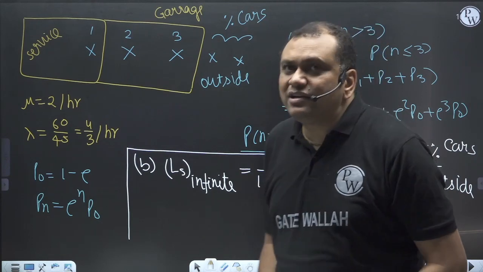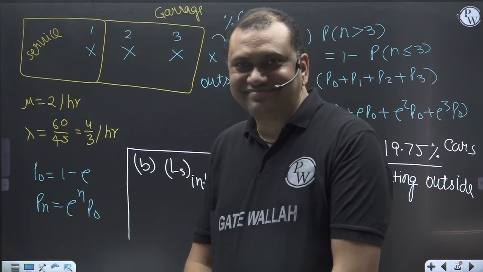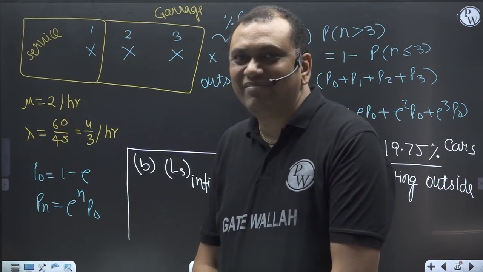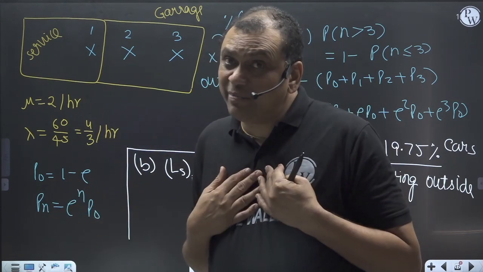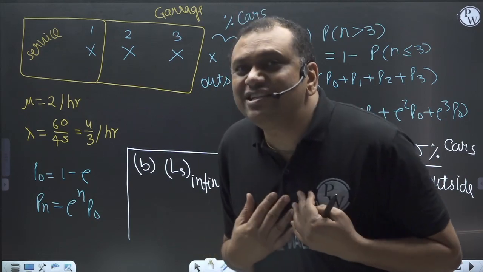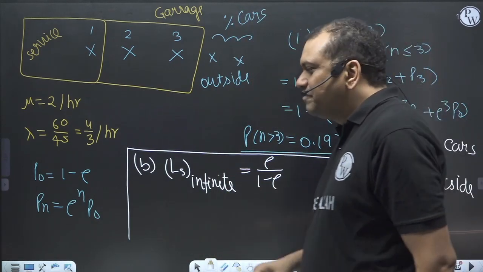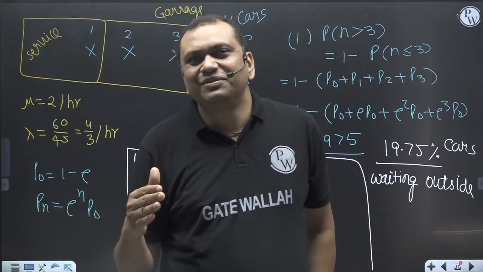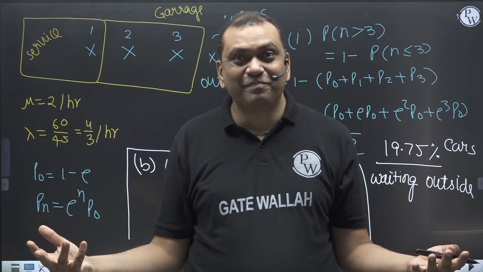Means the customer who comes to me, 100% I am serving them. The car that came to the system, I have to repair. So the average number of customers I am serving is LS. The car that comes to the service facility, anyway I have to repair that car.